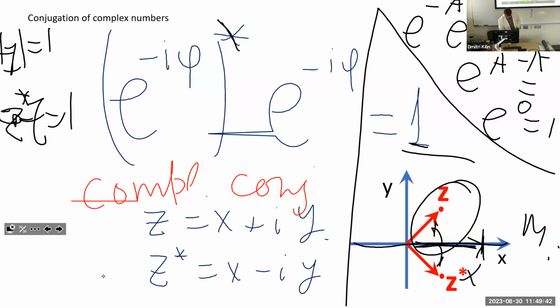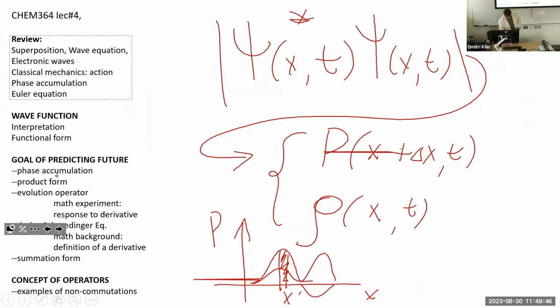Okay, 1 minute left. So if you take this electronic wave, and take its conjugate times itself, it will be the wave function squared, absolute value, and its meaning is the probability that the electron is found in a given location in space and time.